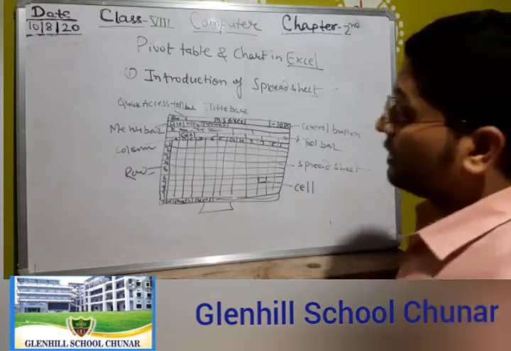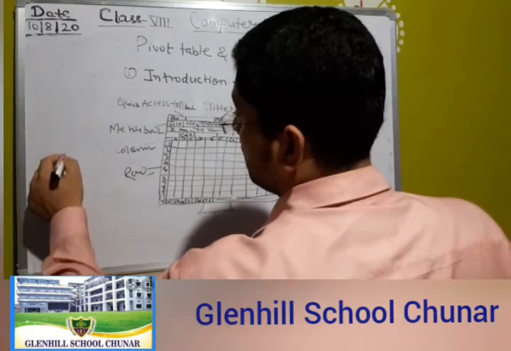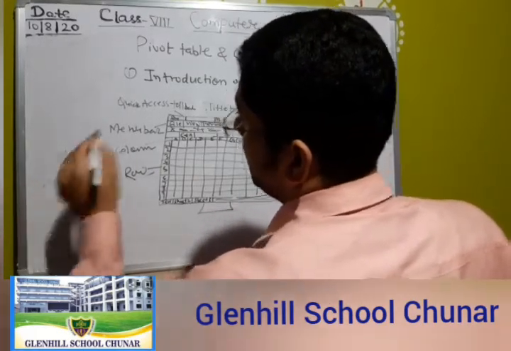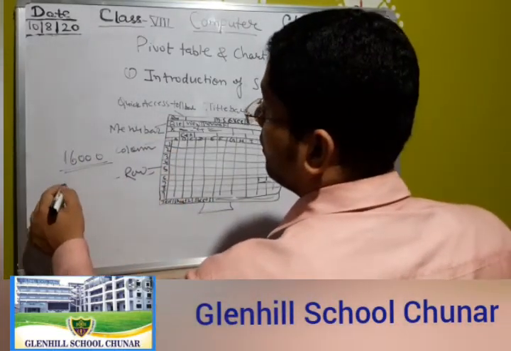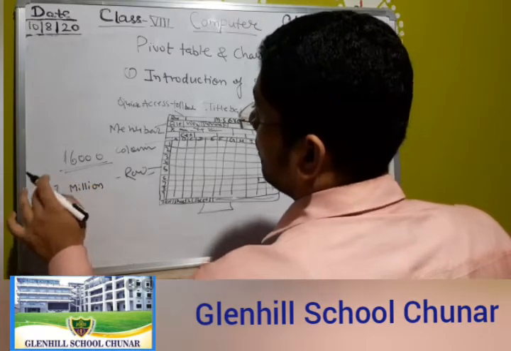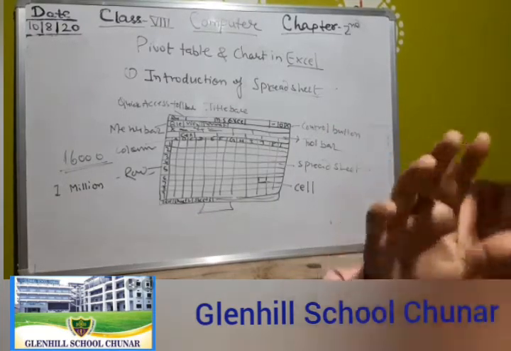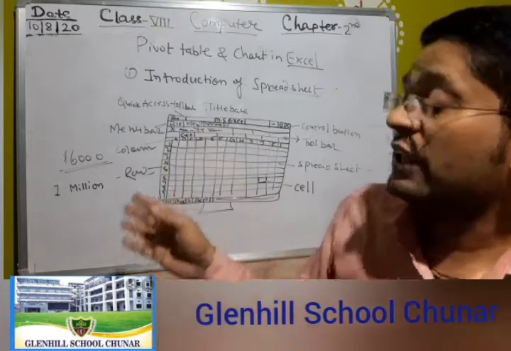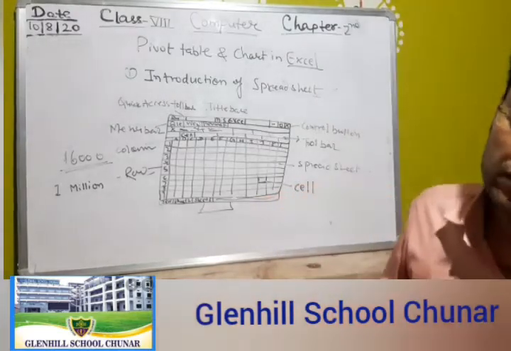Okay, student? So the number of columns is 1600 and rows is 1 million, 1 million rows and 1600 columns in one worksheet.